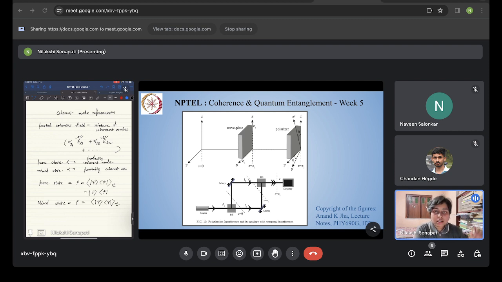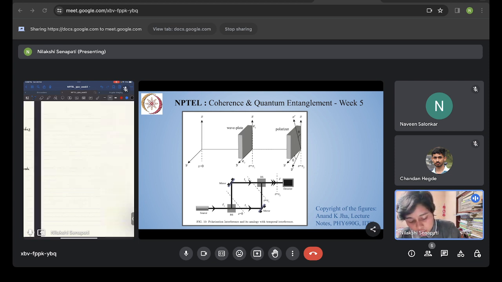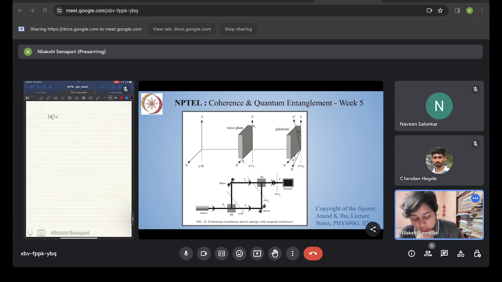Okay, because why? What does it mean by pure state? Suppose at t1 you have psi equal to psi 1 plus e to the power i delta times psi 2. At t2 you will have psi equal to psi 1 plus e to the power i delta times psi 2, going on.